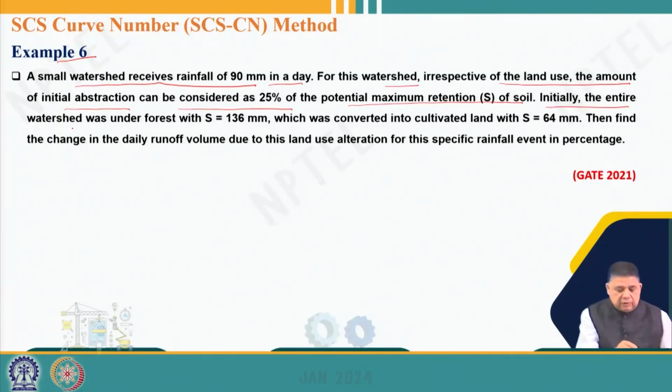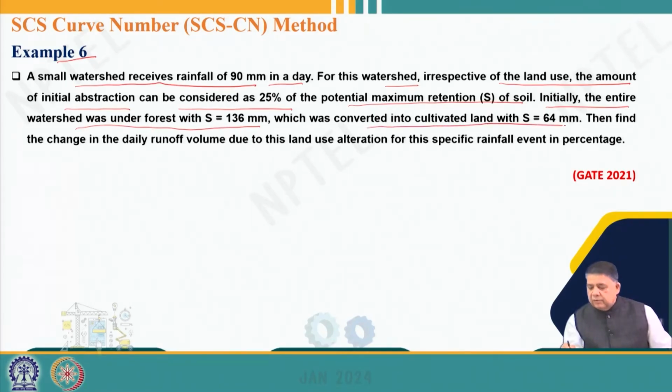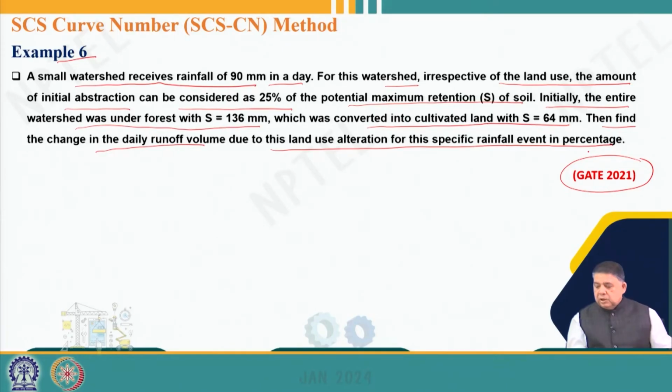Initially, the entire watershed was under forest with S equal to 136 mm, which was converted into cultivated land with S equal to 64 mm. Find the change in daily runoff volume due to this land use alteration for this specific rainfall event, in percentage. And this question is from GATE 2021.